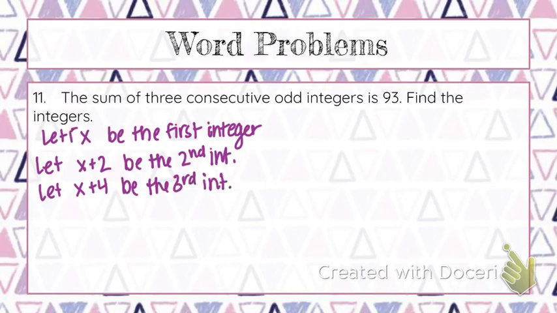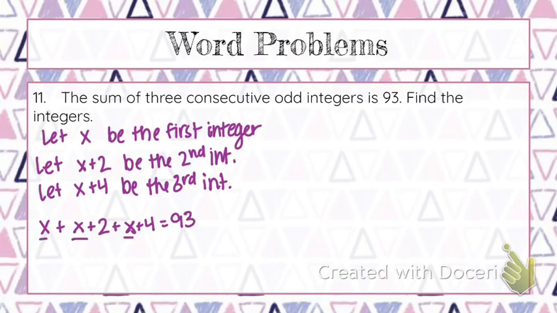And the sum of all of these has to be 93. So x plus x plus 2 plus x plus 4 equals 93.